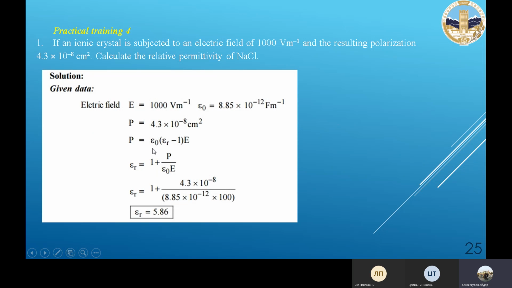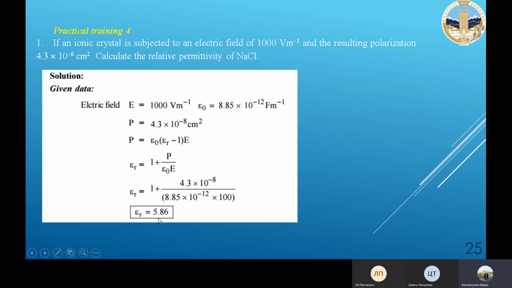The polarization formula is this one. We need to find the relative permittivity. When we find it, we take this formula and put in the values of polarization, electric field, and permittivity.